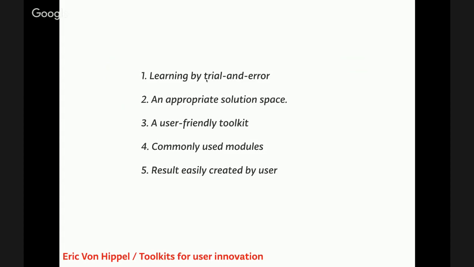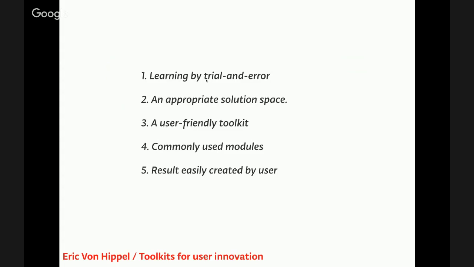A company can involve them in the design of products and services and what have you by setting up a learning process which is about trial and error and has an appropriate solution space. So in a way, let's put it this way, not try to solve every single problem in the world, but produce something that can solve a certain category of problems in a well-defined way.